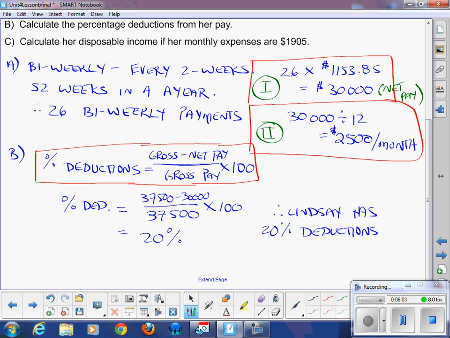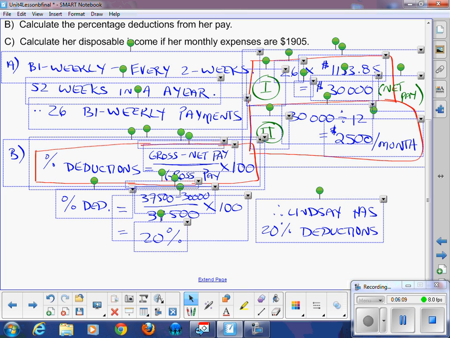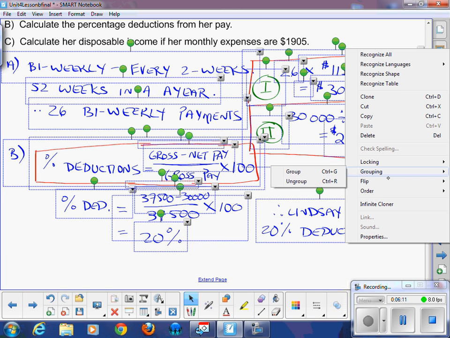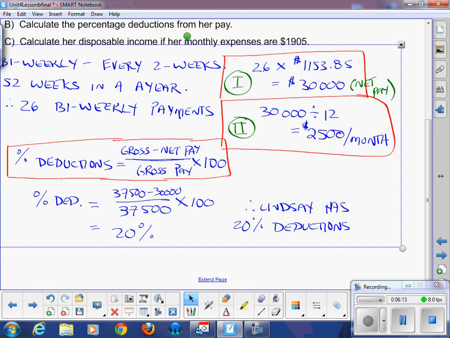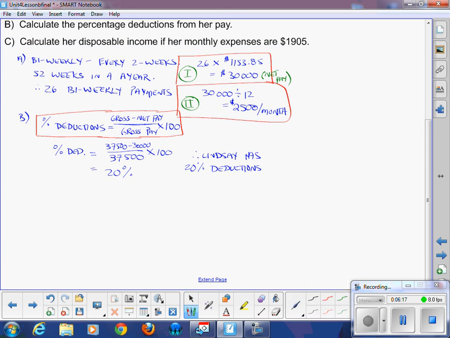That's not too unreasonable for your average pay job. Having that 20% deduction, it could range anywhere from 10 to 30%, depending on what type of job you're in and what you're getting deducted for.